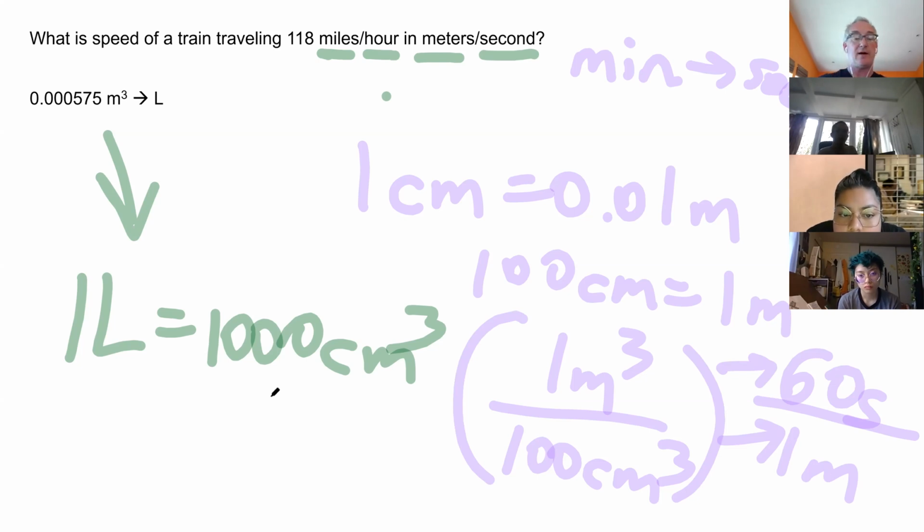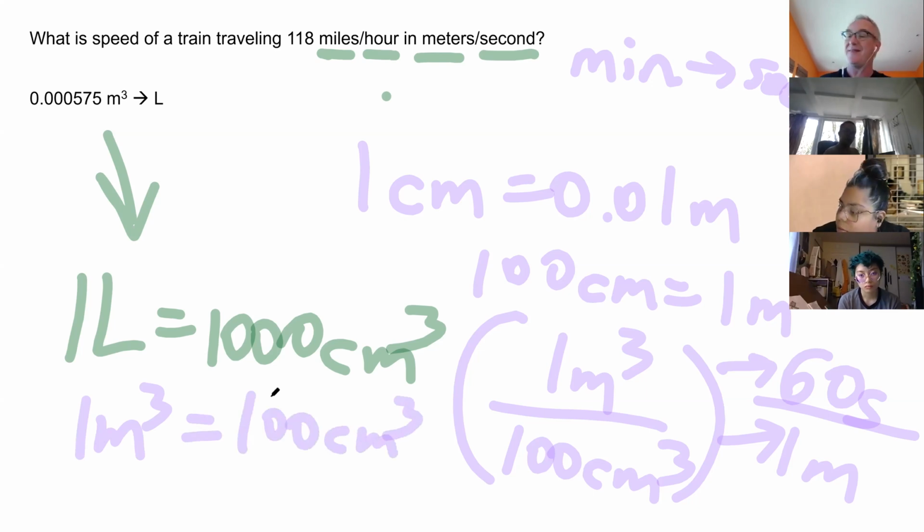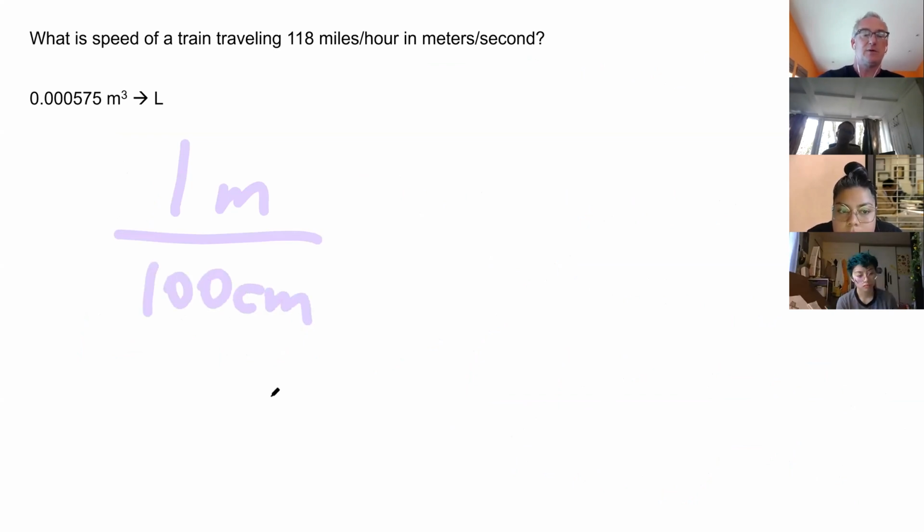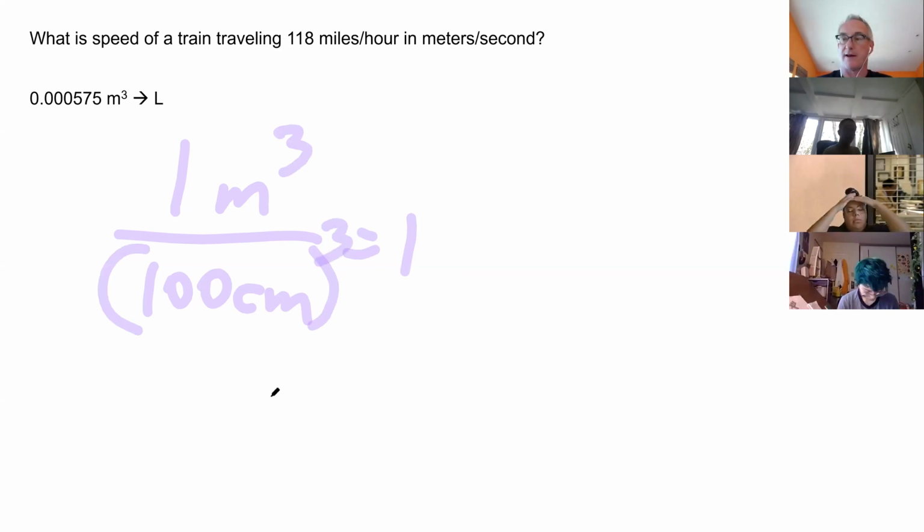So if you wrote down 1 cubic meter is equal to 100 cubic centimeters, that's not right. Why isn't it? Because it's cubic. So you have to cube the whole thing. If 1 meter over 100 centimeters equals 1, and I want to cube 1 meter, I've got to cube everything on the bottom.